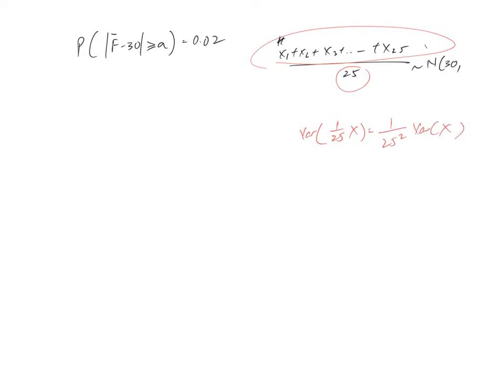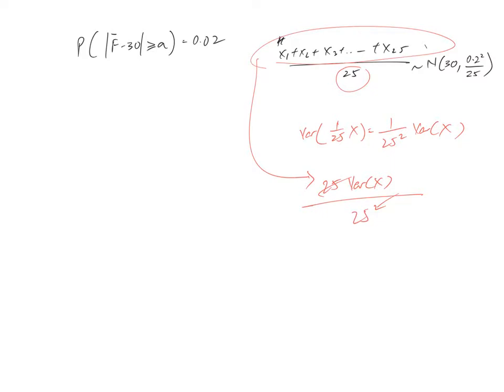So we're adding up 25 times the variance of x, and now we're dividing by 25 square. So in the end, we're just doing variance x divided by 25. So this number here is just our original variance of the floor tile, which is 0.2 square divided by 25.